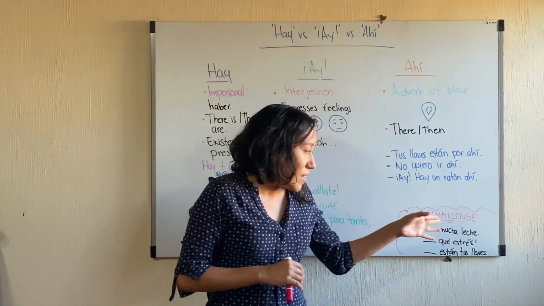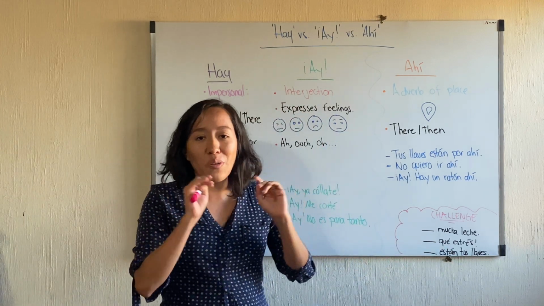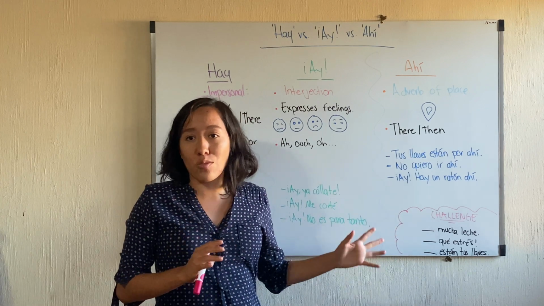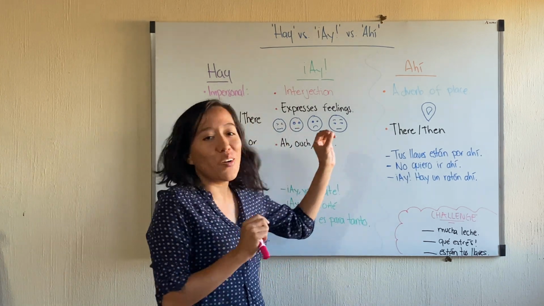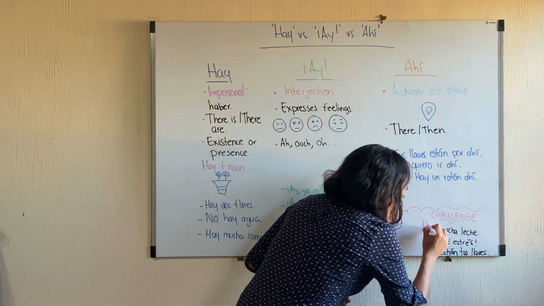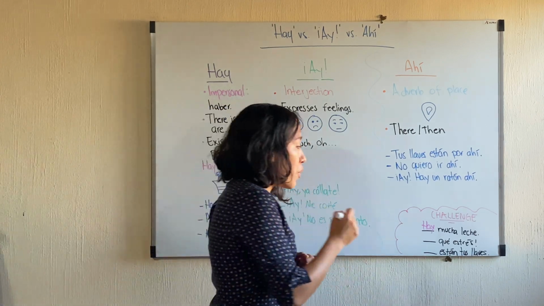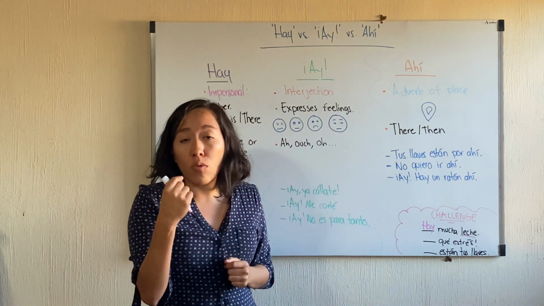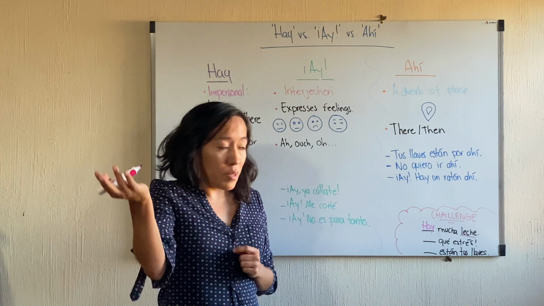So let's check example number 1. Knowing what you already know, which word do you think is the correct answer for mucha leche? Hay or ay? That's right, hay mucha leche. There is a lot of milk. And remember, hay always works with a noun or a quantifier if you need to measure that thing or people.